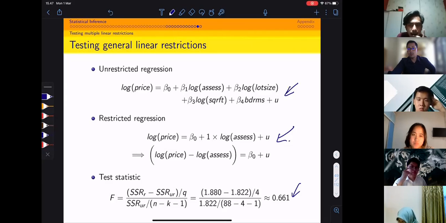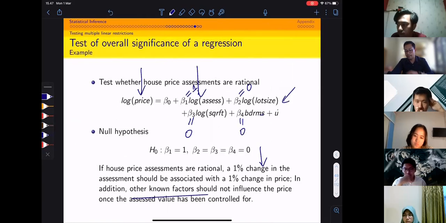The F statistic is 0.661, which is quite low. And this is evidence that we do not reject the null hypothesis. So if we do not reject the null hypothesis, then we can conclude that indeed the price assessment is actually quite rational, okay?